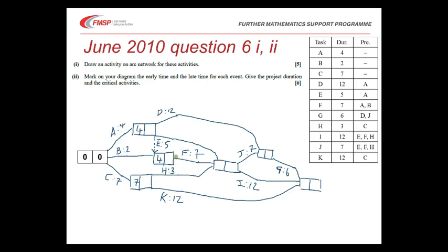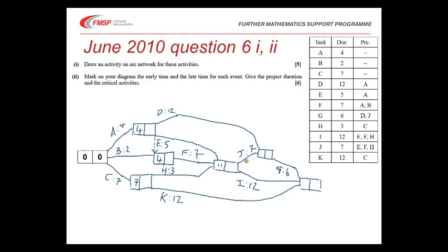The earliest we can get into this node is either 4 and 5 is 9, or 4 and 7 is 11, or 7 and 3 is 10. Now we need to give opportunities for all of those to be completed, so it's 4 and 7 is 11.